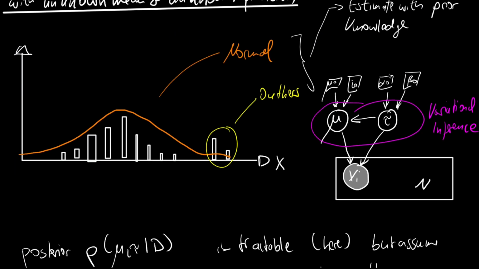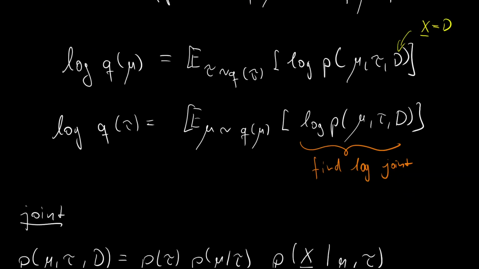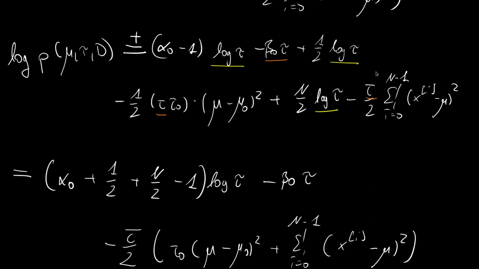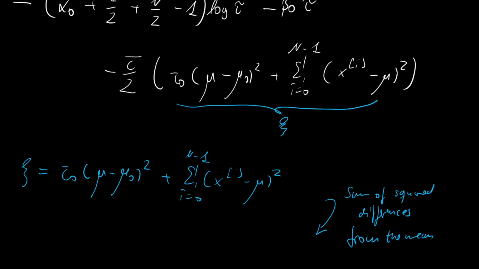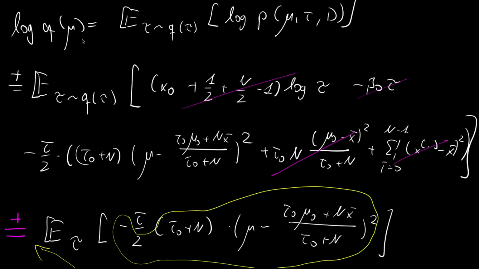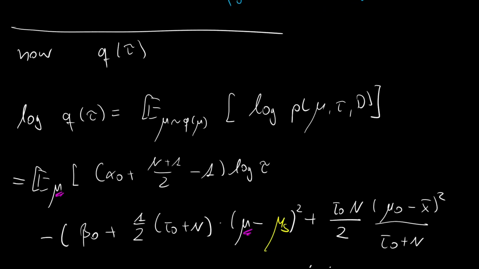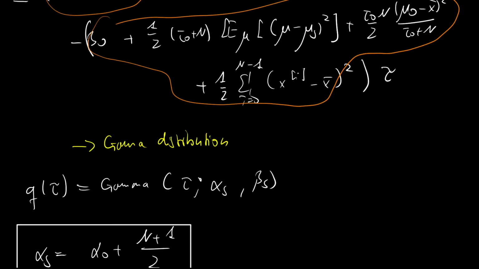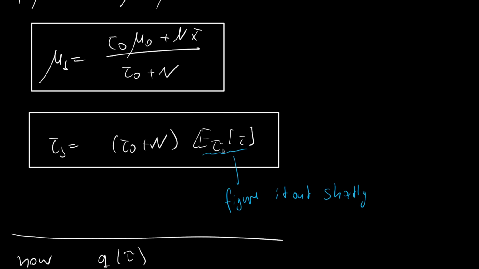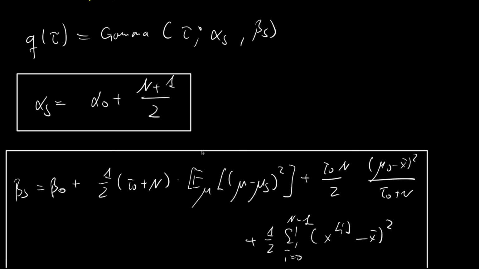Then, based on the directed graphical model, we were able to express a joint distribution, or more precisely, a log joint distribution. And then we derived that the surrogate in mu is a normal, and the surrogate in tau is a gamma. But the surrogate in mu still contains the expectation over the surrogate in tau, and for the surrogate in tau, it's the other way around. So now we have to solve for this.